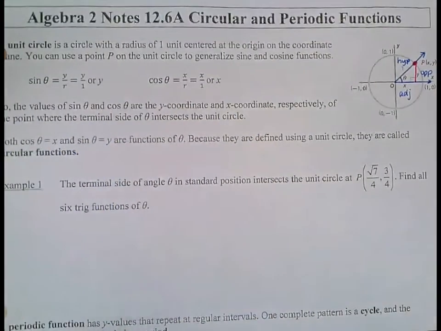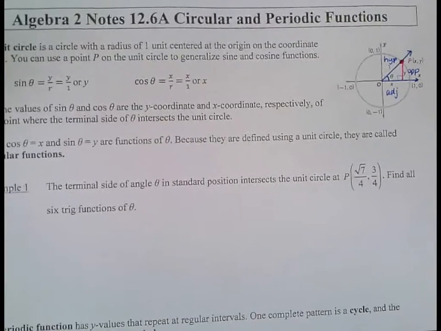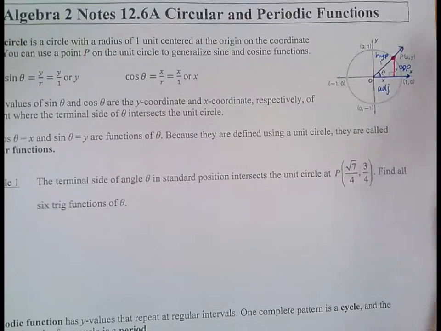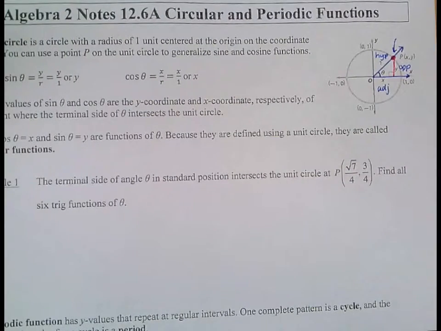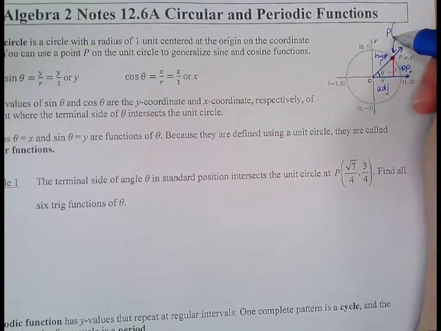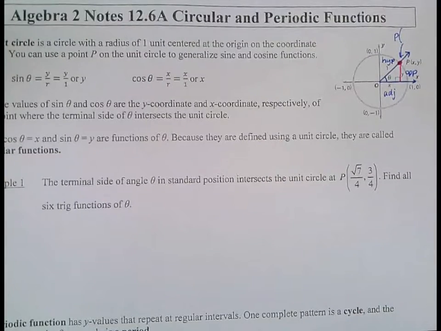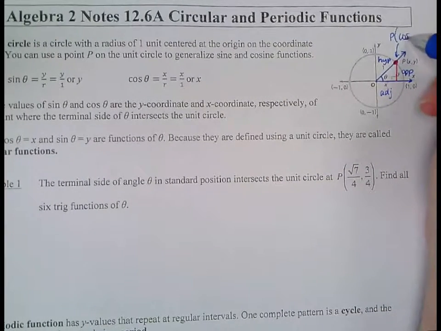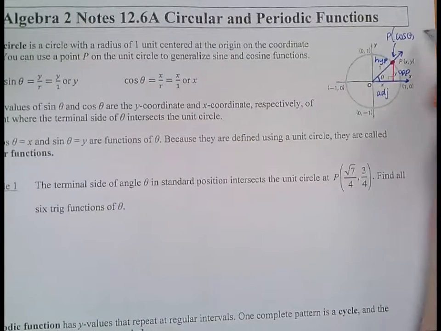So the values of sine of theta and cosine of theta are the y-coordinate and the x-coordinate, respectively, of the point where the terminal side of theta intersects the unit circle. So where it says here that point P has the general coordinates (x, y), we could rewrite that and think of the ordered pair as representing the x-coordinate is cosine of theta, and the y-coordinate is sine of theta.